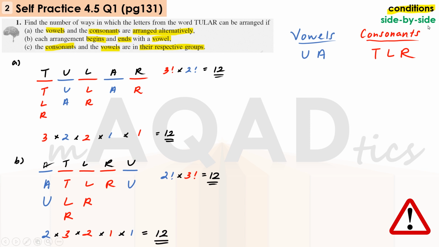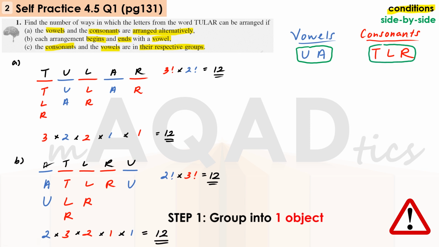The first thing is we need to group those objects to become one object. For example, the vowels: here we have 2 letters, so we combine them to form 1 letter. Same goes for the consonants: here we have 3 letters, so let's combine them into 1 letter first. So here we have a total of 2 letters.